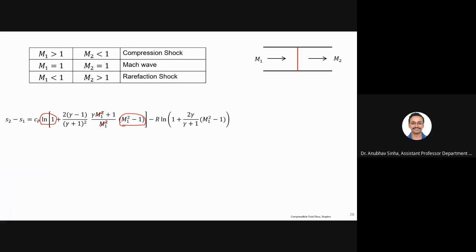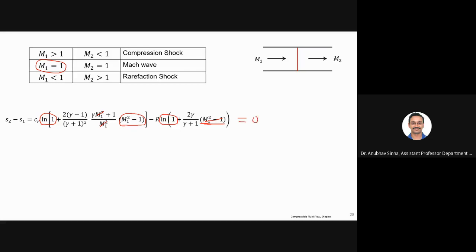What about the second term? This will become 0, and 1 plus this is there, so it will again become log of 1. So what will be the delta S for this condition? Log 1 minus log 1, which is 0. Correct. So it will be 0.